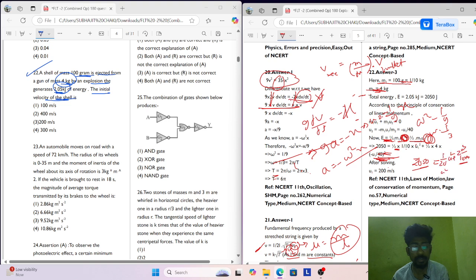Take u square by 20 common, 1 plus 1 by 40, because 2 is there also. So 41 u square by 20 into 41 by 40. Okay, 41, 2050.